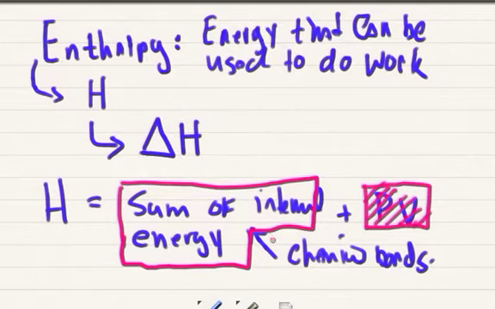So really what we're talking about is the energy that's held in the chemical bonds, and is that energy released in an exothermic reaction, or do I have to take energy from the environment to add to my reaction to make new chemical bonds, and that would be an endothermic reaction.